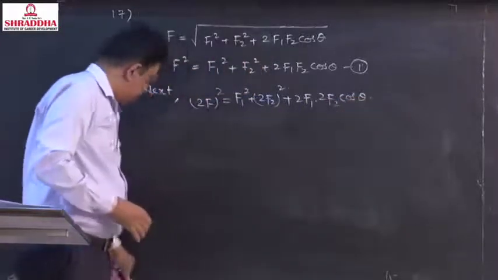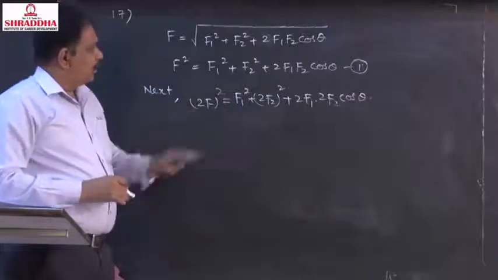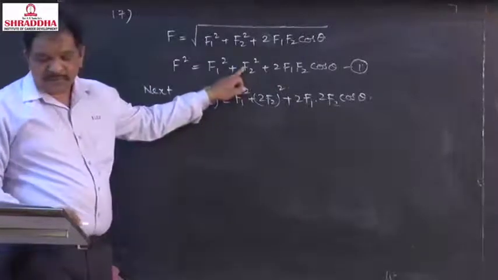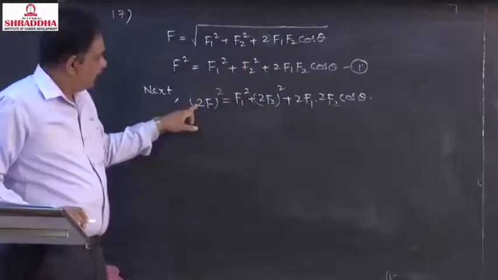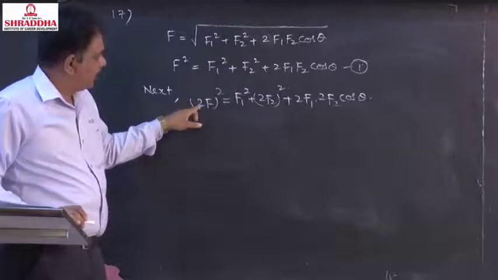Is it clear? Understand here. When F2 is doubled, then F is also doubled. We will get this one.